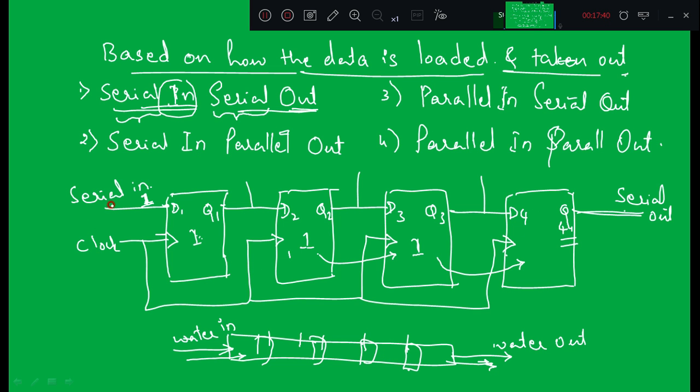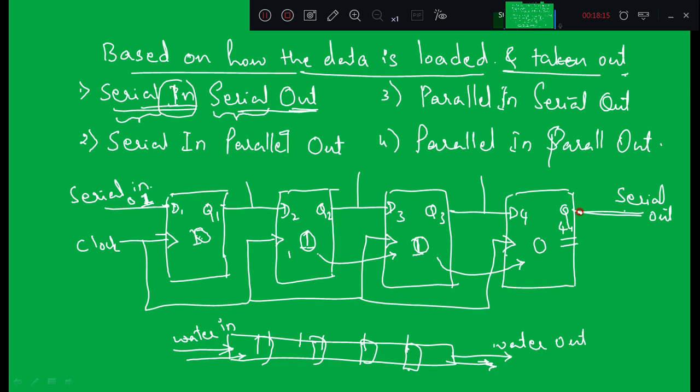So now let us say the next serial in data is 0. When I apply the first control input, this 0 gets loaded into the first flip-flop, right? After that, when I apply the second control input, this 0 will shift towards right, and after applying the third clock pulse, this 0 will shift towards right, and finally applying the fourth control input, this 0 will shift towards right and it will be available at the output of the fourth flip-flop.